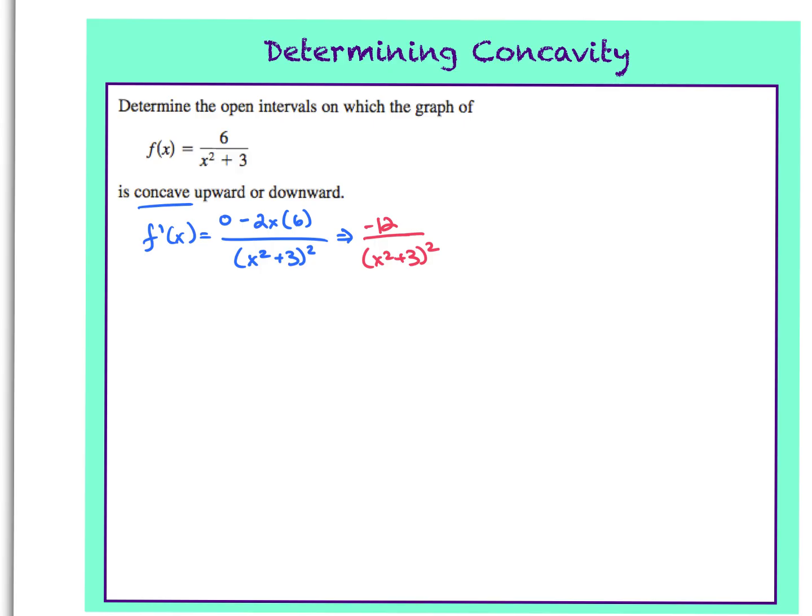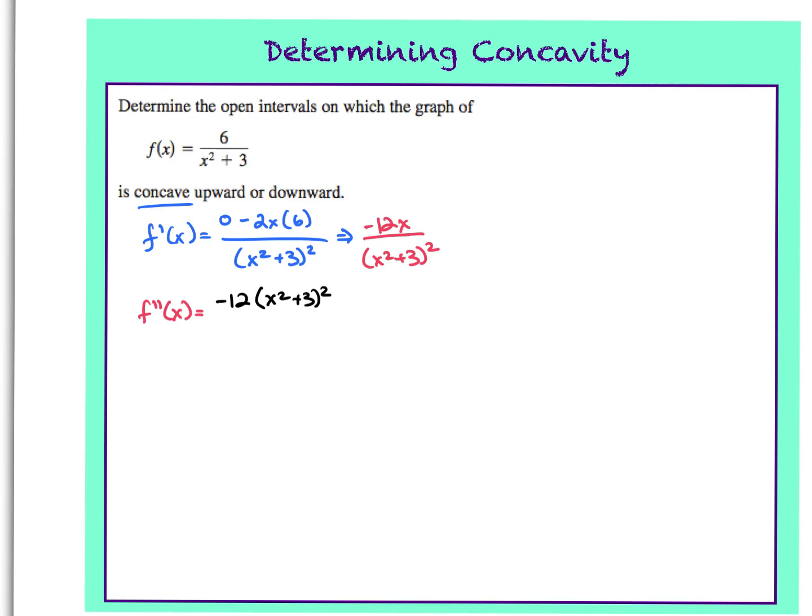Now I need to take a second derivative. So f double prime of x. What's the derivative of my numerator? Negative 12, times the bottom, which is x squared plus 3 quantity squared.